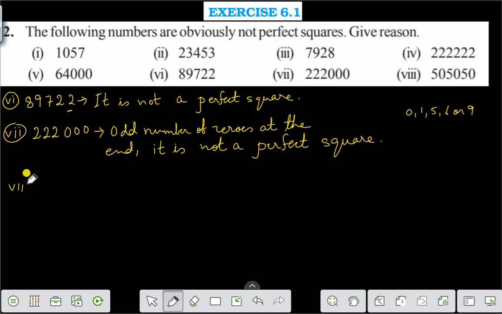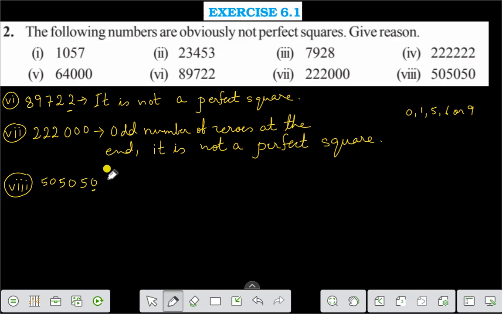Now question number 8. Question number 8 is 505050.